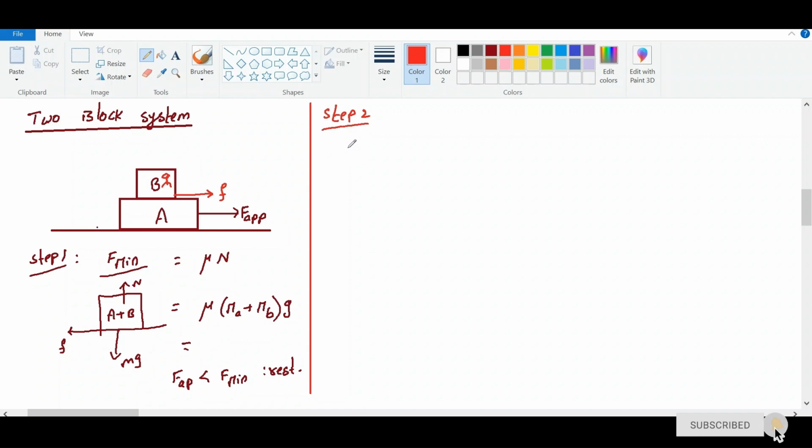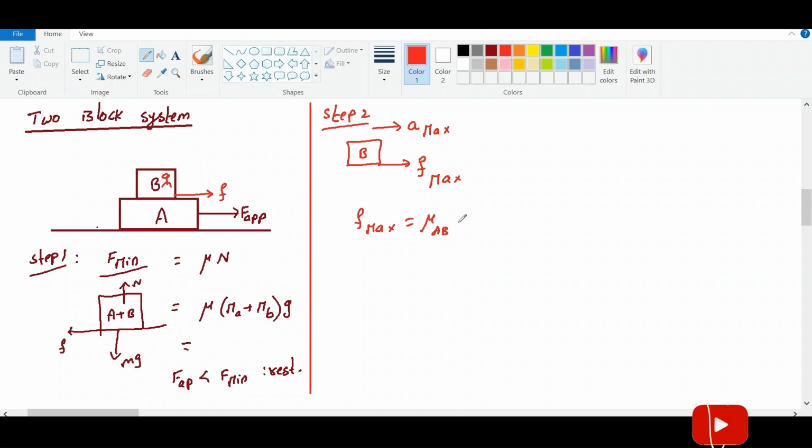So take only block B, and friction is pulling it, and this creates some acceleration in it. Find out the maximum acceleration possible with the friction. We know the formula for F maximum: mu into N. Here mu is the coefficient of friction between A and B, and N is the normal force, which is mg, mass of B into g.